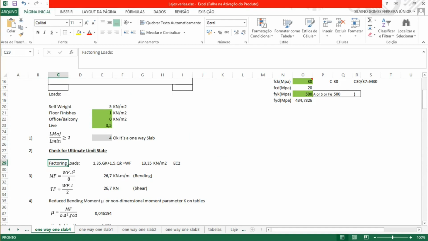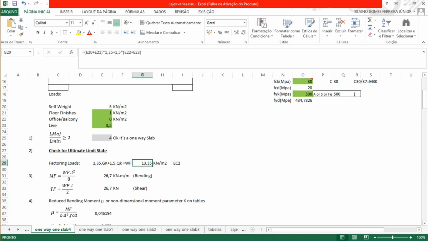That will be the combination of the permanent loads in the Eurocode, multiplied by 1.35, plus the variable loads, the live loads, multiplied by 1.5.